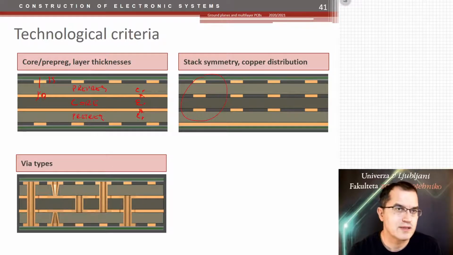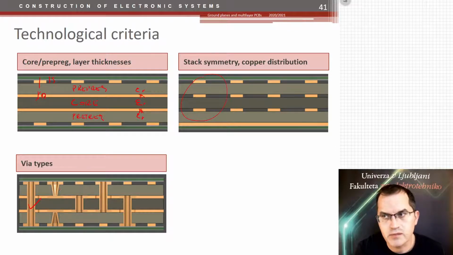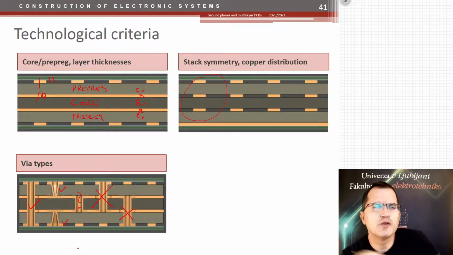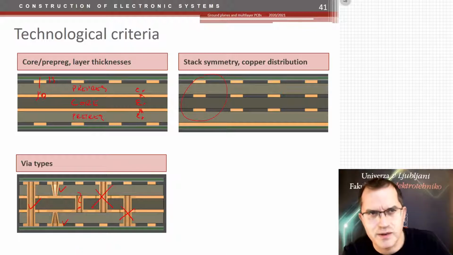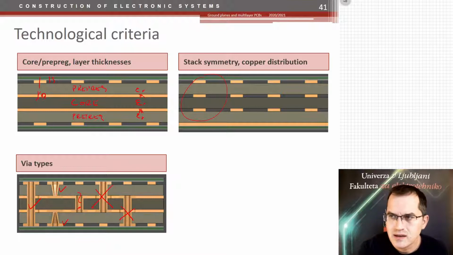The via types, of course, you all know that through-hole vias are of course okay. Then you can make microvias. These are also okay. These are buried vias, which are quite expensive. Please avoid them if possible. And these are no-go vias, because actually that would be enormously expensive to make a via that doesn't go within the core.